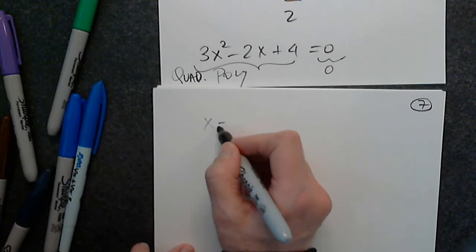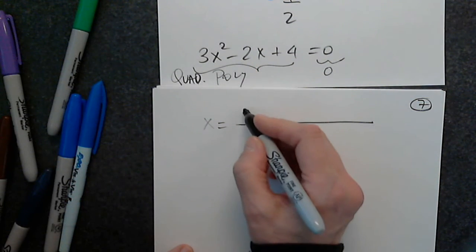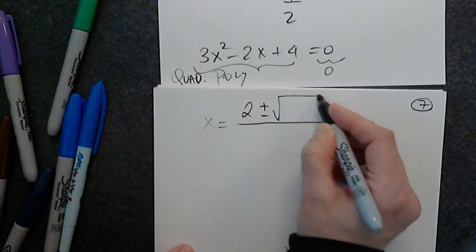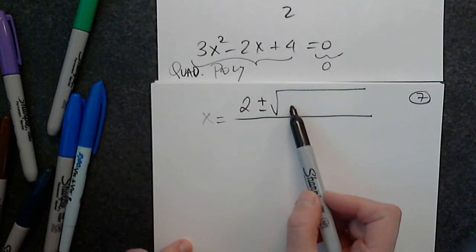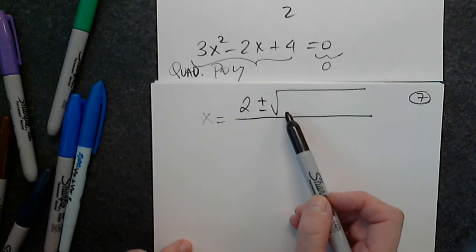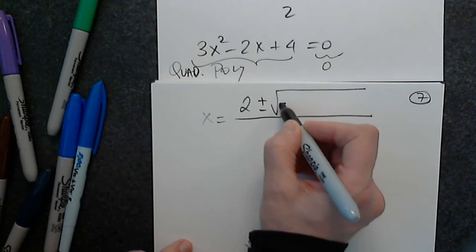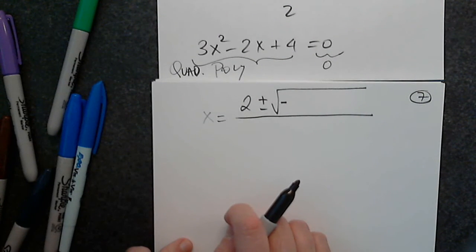So then we have x equals negative b, negative negative 2, that's 2, plus or minus the square root of b squared, what do I write here? Negative 2, squared. If I see a negative here without parentheses, or you start under the square root with a negative number, I cannot give credit. 4.